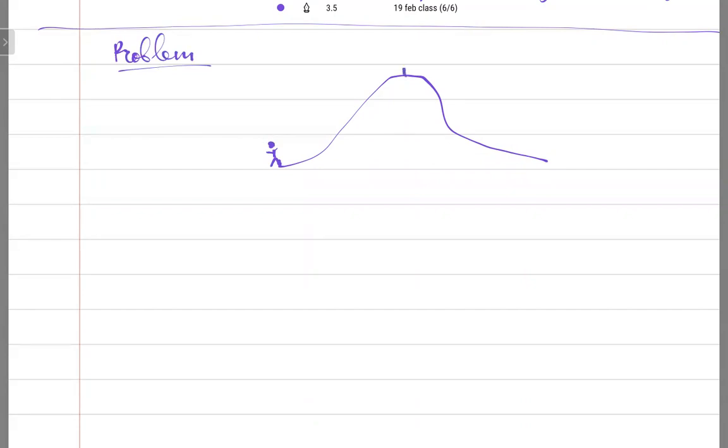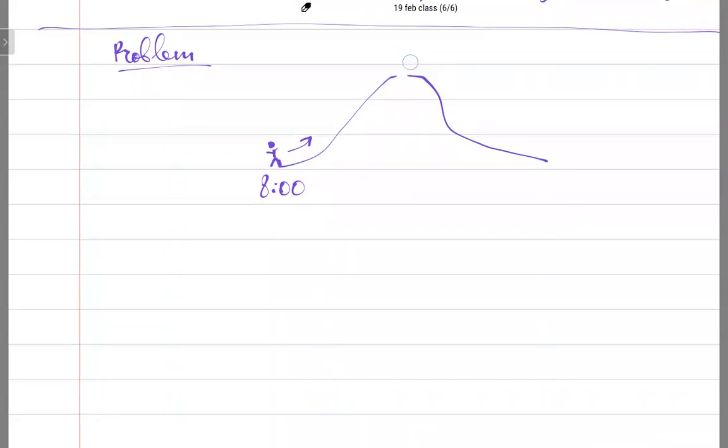We have a monk that starts at 8 o'clock in the morning, and he goes up the mountain, and the mountain is very big.